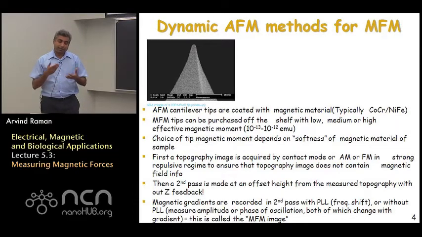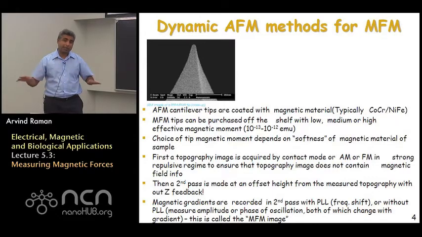This has the effect of making sure that the topography image is acquired in a mode where most of the interaction forces come from contact, van der Waals forces, or contact elastic forces, and very little contribution comes from the magnetic side. As a result, you can expect the topography image, if done properly, not to have information about the magnetic interactions.